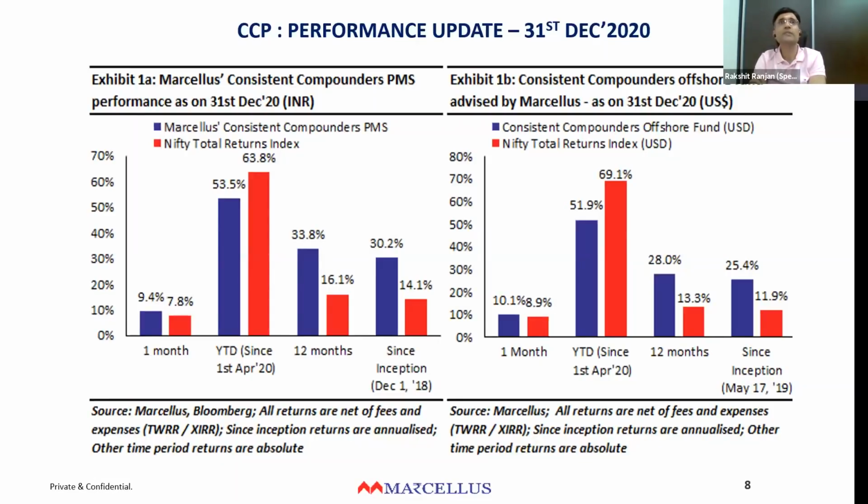But if we were to select 10 to 15 stocks which compound at, say, earnings growth of 18 to 20% or higher, then on that rate of compounding, IT stocks don't make the cut, especially say a TCS. We don't expect 18, 20% or higher earnings growth from a TCS.